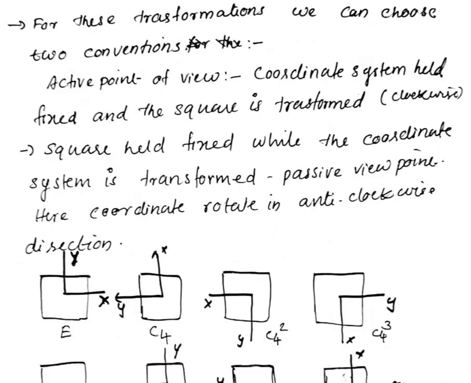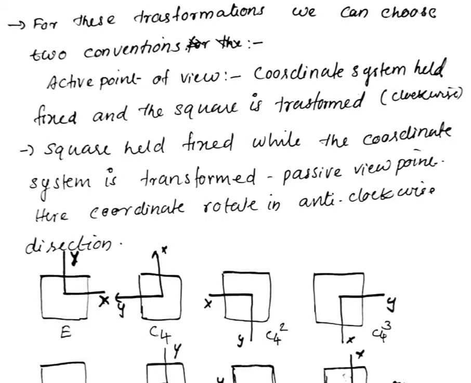So we can take two conventions. When I ask you to rotate a square, you usually rotate the square in the clockwise direction, and you keep your XY axes fixed and unchanged. That we did in our previous topic. That type of rotation is known as the active point of view of rotation.